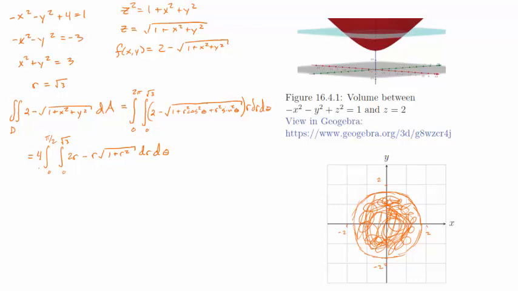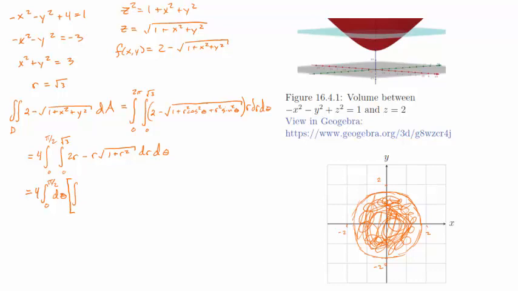Again, I can move my d theta in here, so this is 4 times the integral from 0 to pi over 2 of d theta times the integral from, I'm going to break this up, because here I want to use a u substitution, which I don't want to use for the 2r. So we're going to break this up now into 2 separate integrals.